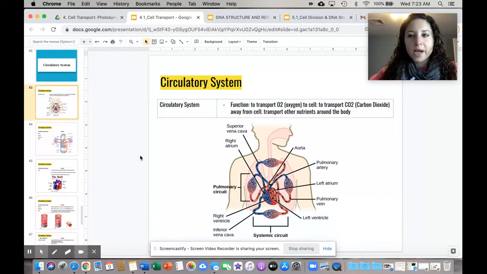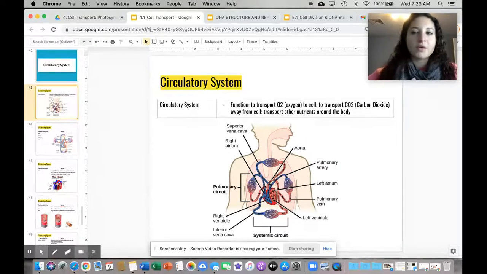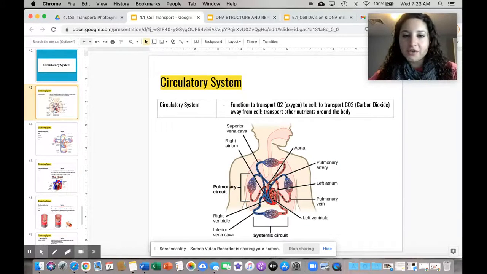So when I'm talking about the circulatory system, I'm talking about your heart and your blood vessels and your blood. The word circulate means to move around. So the function of the circulatory system is to transport oxygen to the cell, to transport carbon dioxide away from the cell, and it's also going to transport other nutrients around the body.